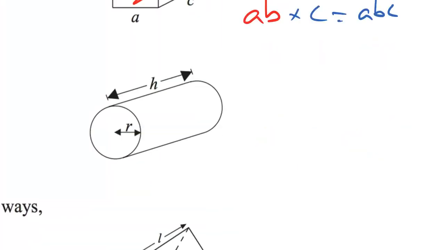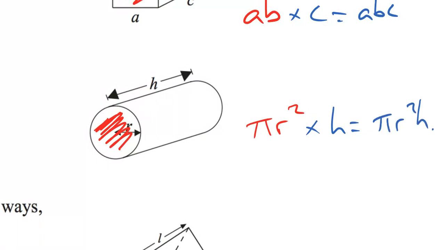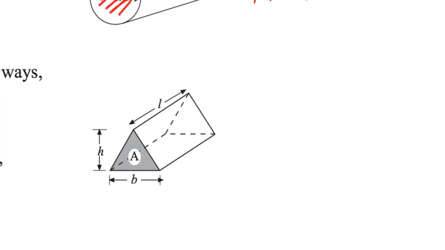If I have a cylinder, the area of that front section is a circle, so it's pi r squared. I'm going to be multiplying that by h. So there's our formula, pi r squared h. In this triangular prism, we've been given the height.